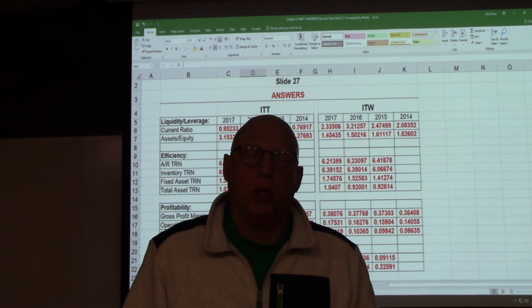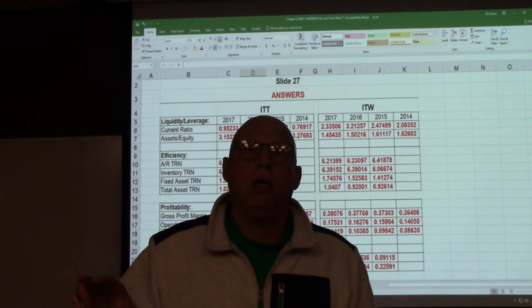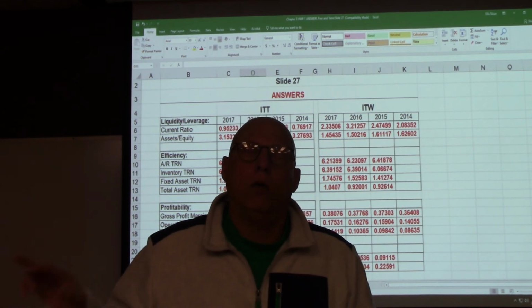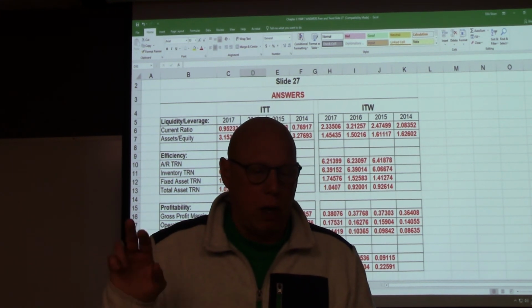One is trend analysis, which is looking at the same ratio for the same company over an extended period of time to see what has happened or what is happening to the ratios over time. It creates context.